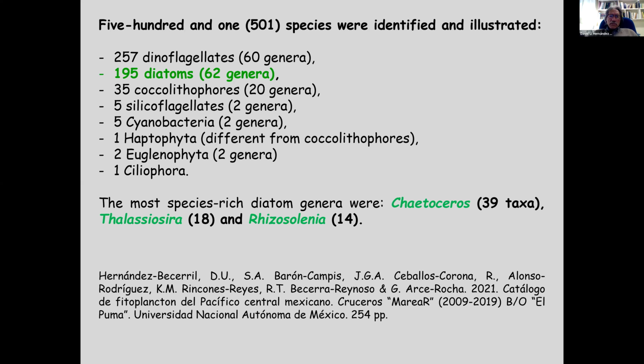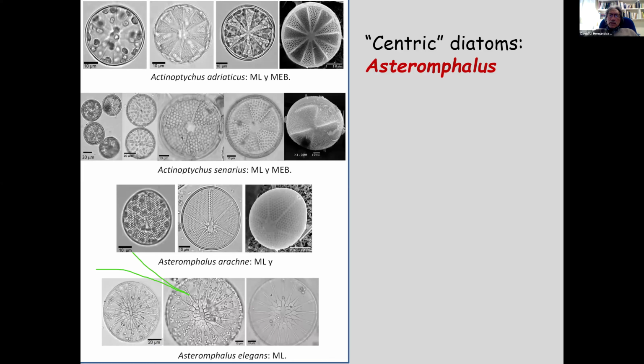Among the diatoms, the most species-rich genera were Chaetoceros, Thalassiosira, and Rhizosolenia. Right, this is to show some of the content of the book, including some illustrations of species of Asteromphalus in light microscope and also scanning electron microscopy, several species of Asteromphalus.